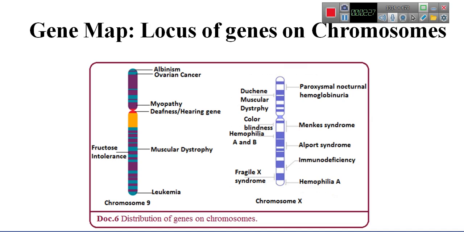However, males like us have 24 types of maps, 22 for the 22 autosomes, and 2 more maps, 1 for the X and 1 for the Y chromosome.